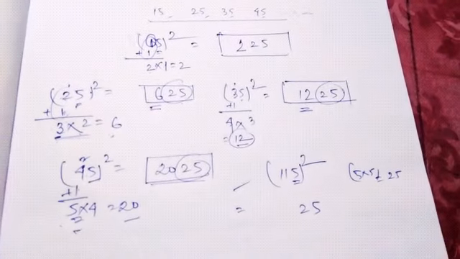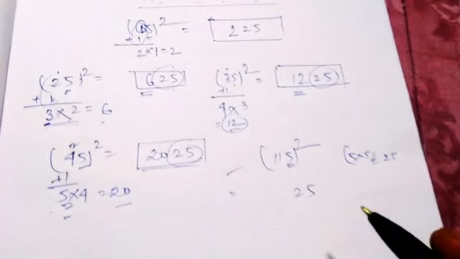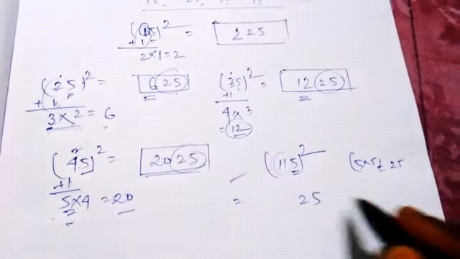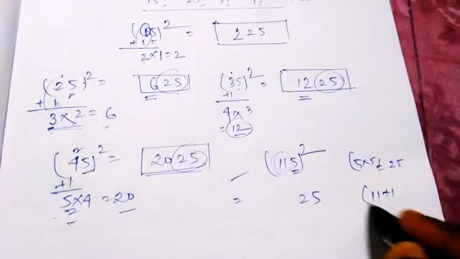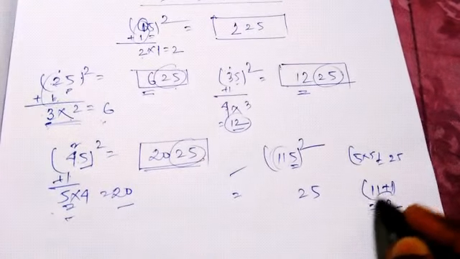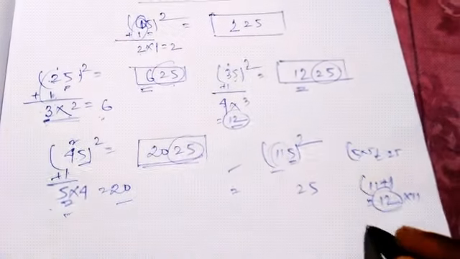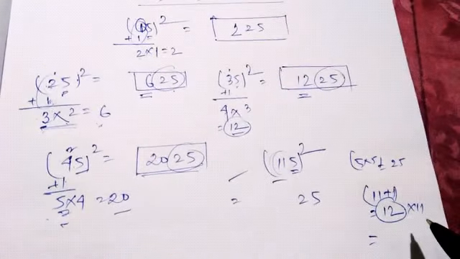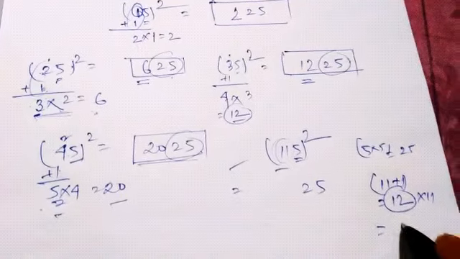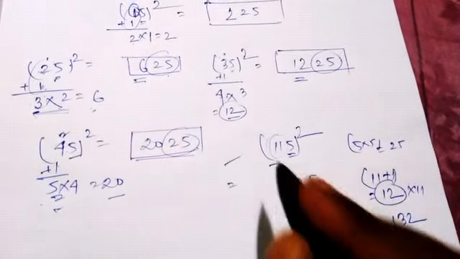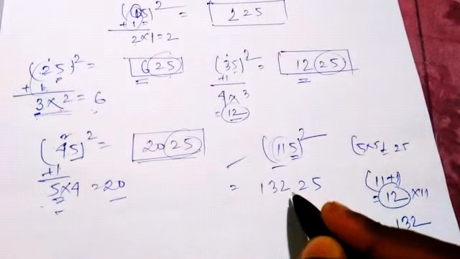Here it will be 25. Then add 1 to this number 11, 11 plus 1 will be 12. Then 12 into 11 will make 132. So the answer is 13225.